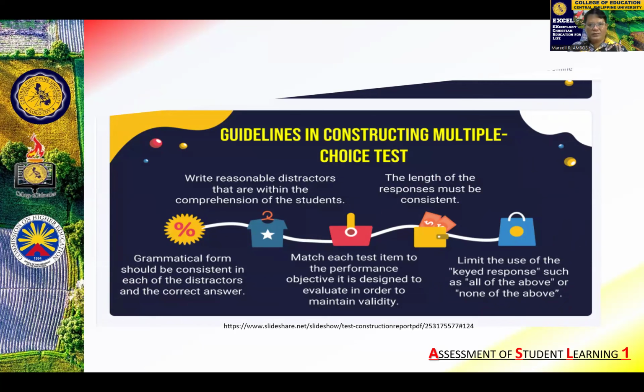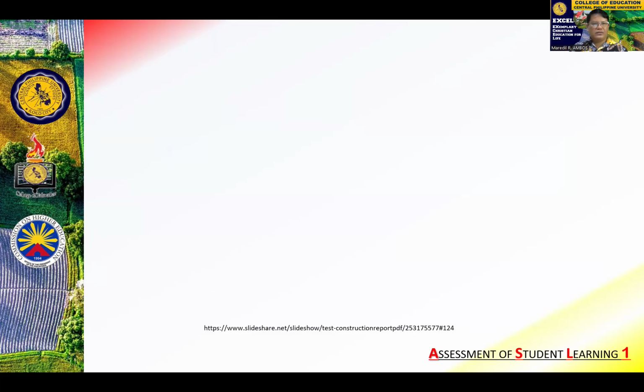The length of the responses must be consistent. Lastly, limit the use of keyed responses such as all of the above or none of the above. So these are the guidelines in constructing our multiple choice test.